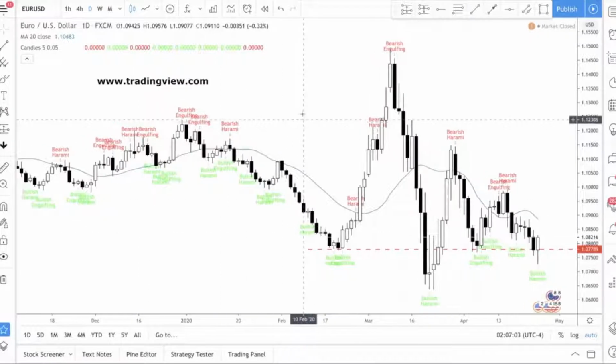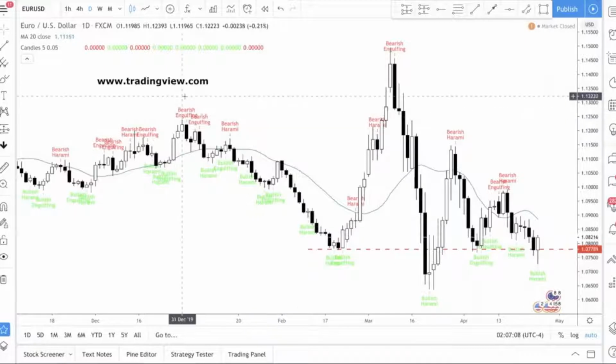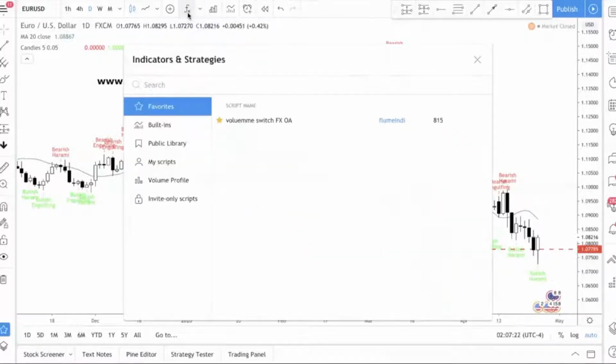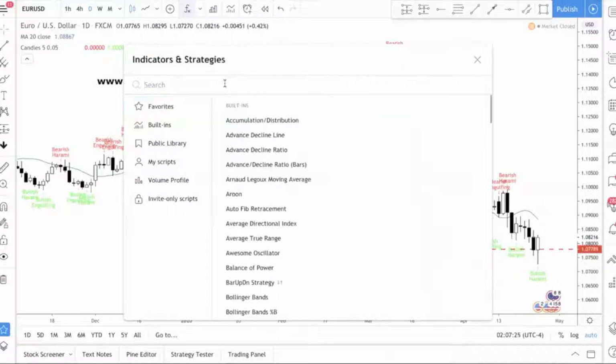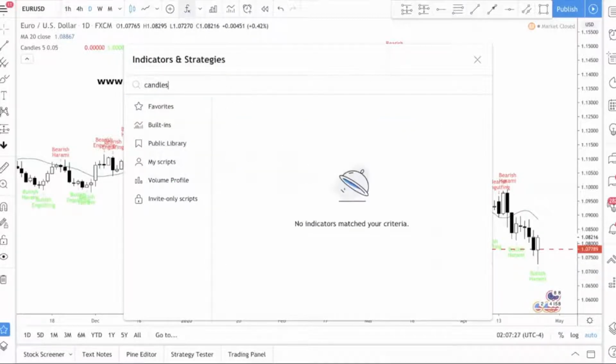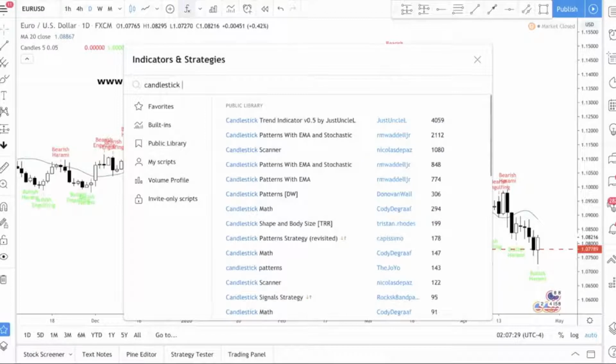So what you want to do is head over to tradingview.com and pull out a chart. In this case, we are looking at the euro dollar chart. It doesn't really matter which currency, stocks or indexes you're looking at, just pull out a chart. Go to indicators and strategies, and type in candlestick pattern.